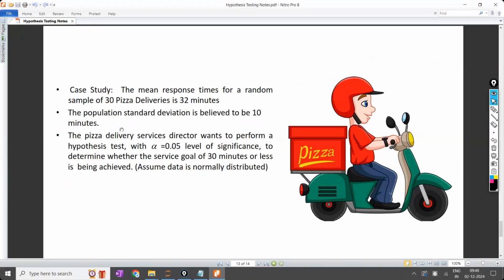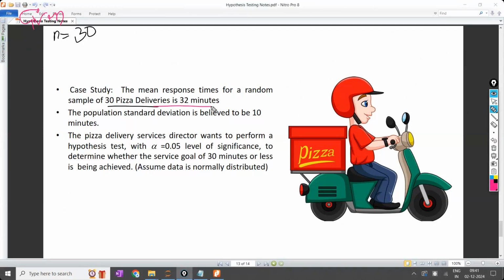Question number 2 is this one. The mean response time for a random sample of 30 pizza deliveries is 32 minutes. First, 30 pizza deliveries means n value is equal to 30. Here let us write the given data first. Given n is equal to 30.